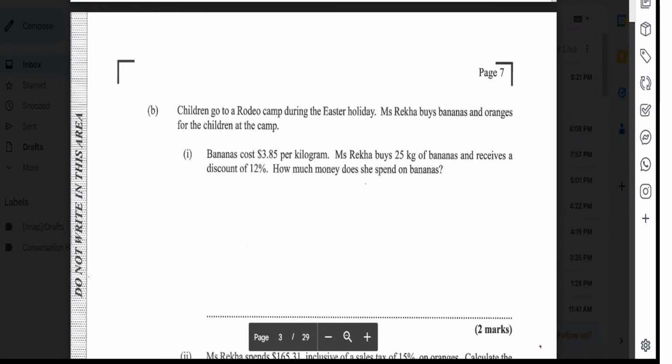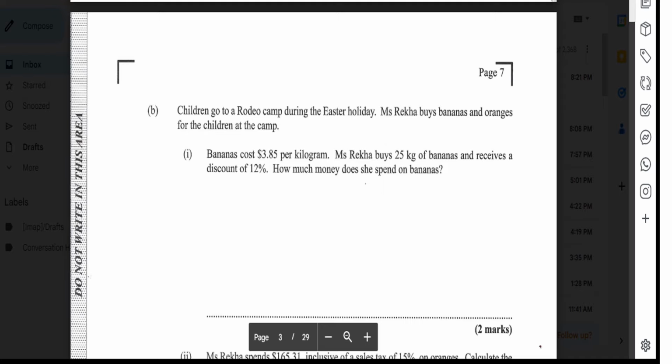May, June 2022, last year, consumer arithmetic, taken from 1B of the paper 2. It reads, children go to a rodeo camp during the Easter holiday. Miss Rika buys bananas and oranges for the children at the camp. 1B. 1.